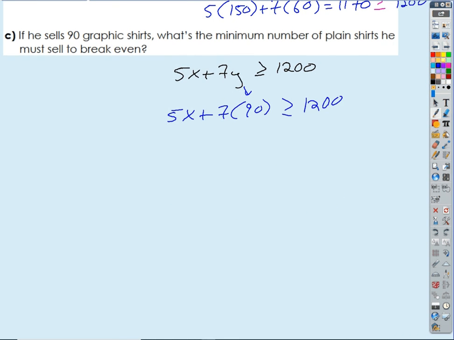Okay, so then 7 times 90 is what? What's 7 times 9? 63. It would be 63 plus a 0, wouldn't it? So 630 greater than or equal to 1,200. What are the two steps to isolate x? Subtract 630, divide by 5.